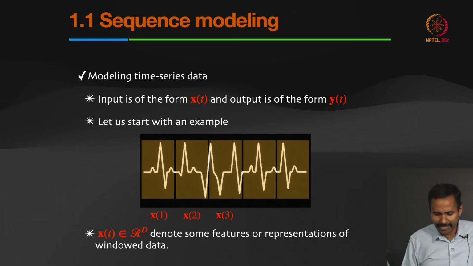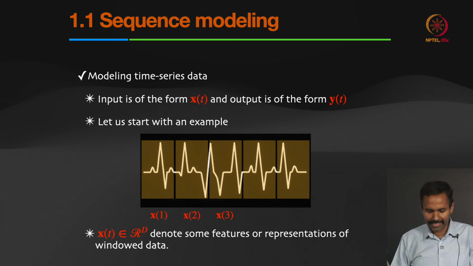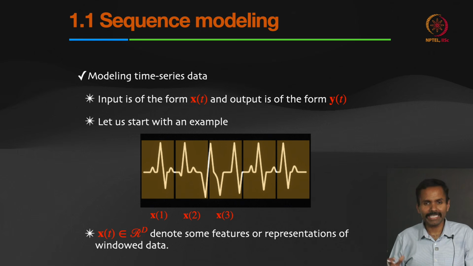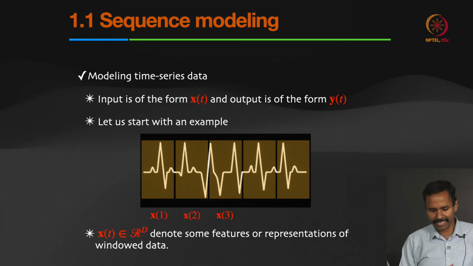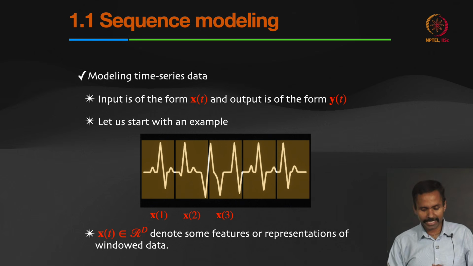Without delving deeper into the domain-specific characteristics, assume that somebody has told us how to window these data points and derive some features, and say this is the vector you have formed by representing this part of the signal, and now you have a series of such vectors that are evolving over time, right?